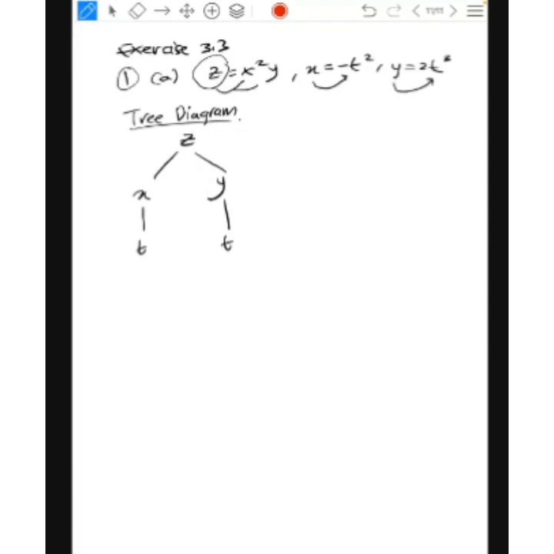So if the question asks you to find dz/dt, just combine whatever chains link z to t. Z here, t here. Combine this chain and then another chain here. It is like a tree diagram, like a tree with branches.